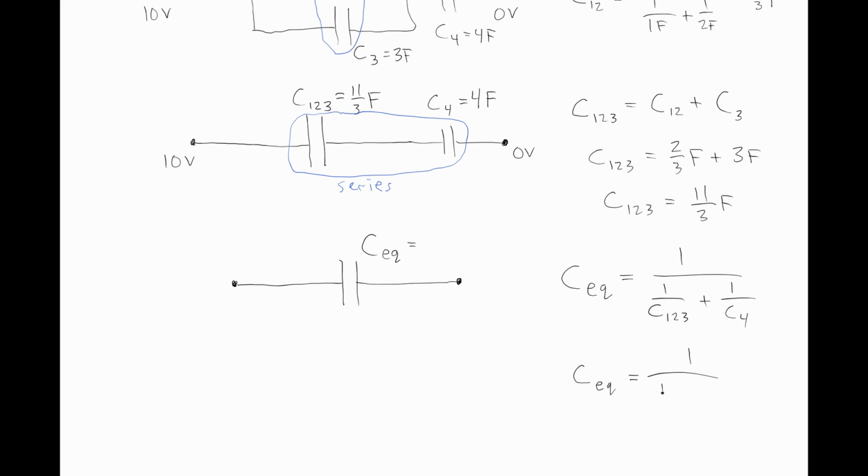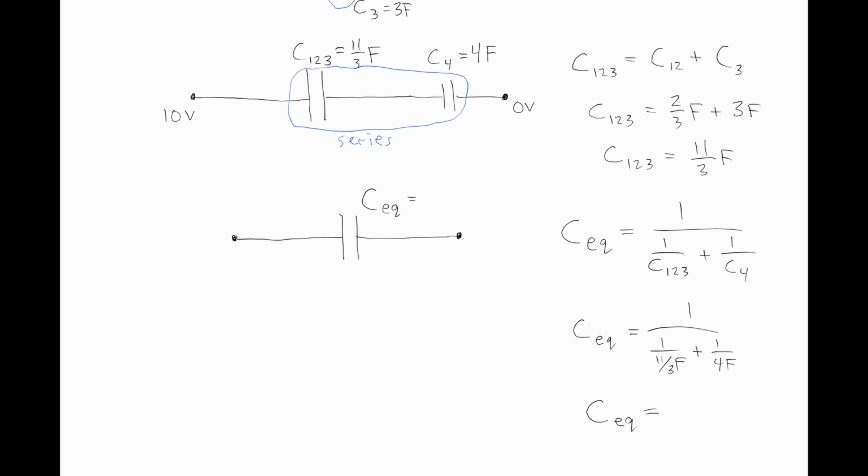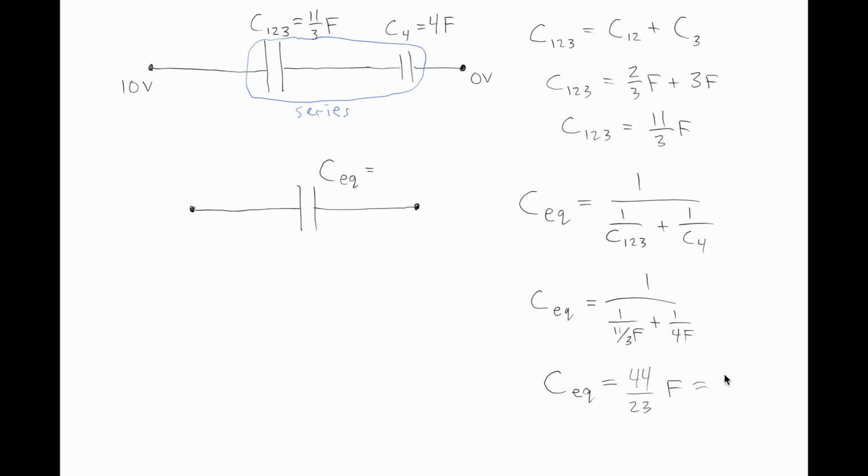That's 1 over 11/3 plus 1 over 4, about 1.91 farads.